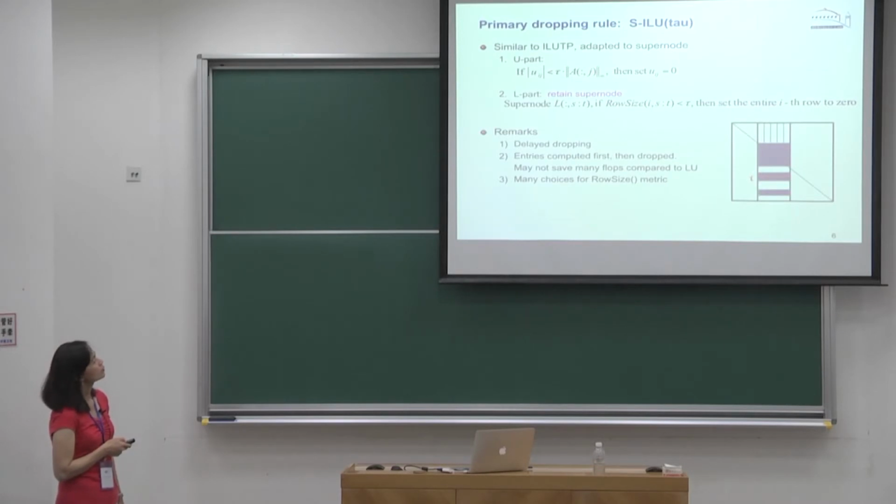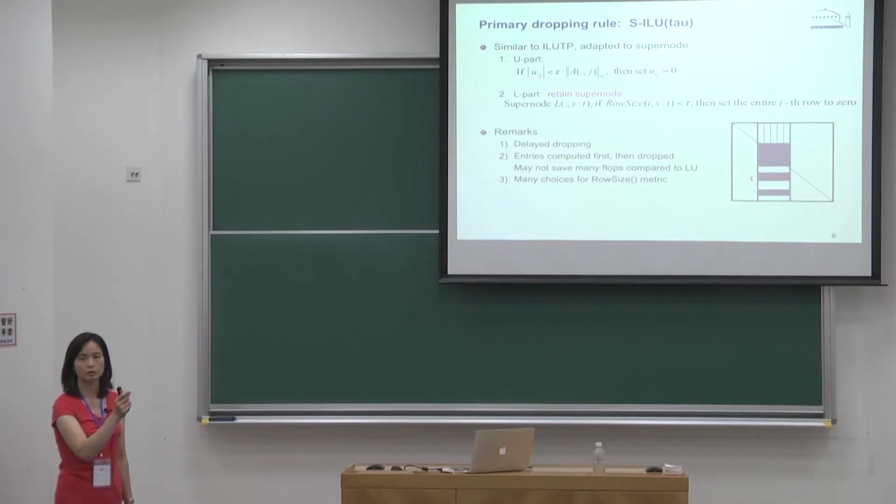Then imagine that if you apply that scheme column-wise to here, you can drop one element here, one element here, and one element here, there. So among the 10 columns here, your dropping could be random, could be anywhere among those rows. Then after dropping, this supernode is basically broken. So you don't get a supernode, you get a lot of holes there.